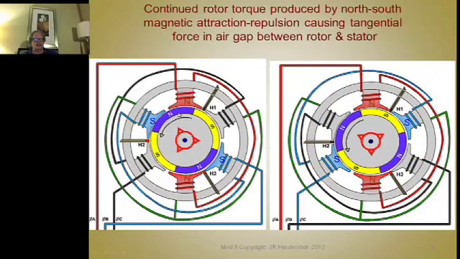We turn that coil off and turn this set of coils on, and then it wants to align itself again through repulsion and attraction, and then we turn this phase off and turn the third phase on, and the process continues and rotation continues. So there's a very nice graphical way to keep a picture of this in your head forever, so you know how the motor works.